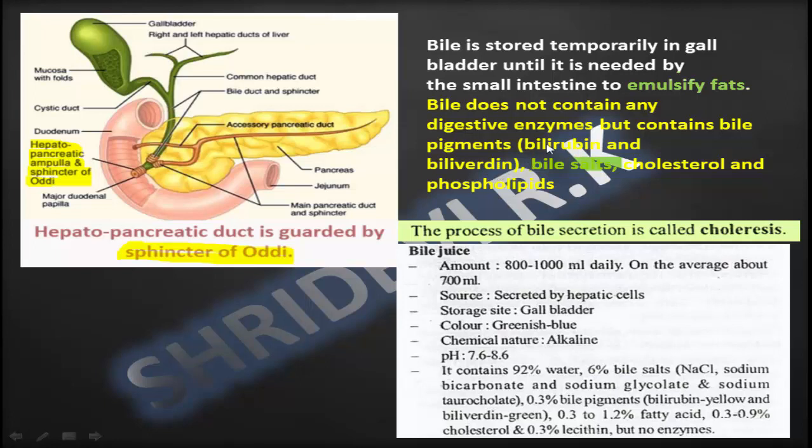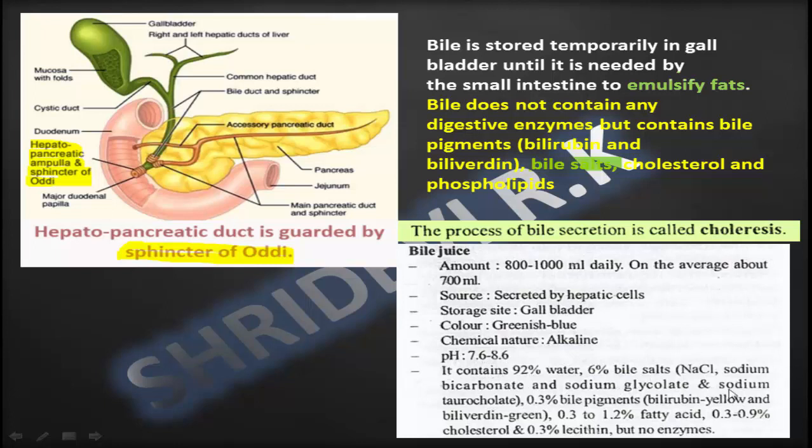These are the pigments responsible for the color of bile juice, because pigments are colored substances, and whatever pigment is present, according to that the color is exhibited. Then chemical nature, it is alkaline in nature. That is a basic property, with pH 7.6 to 8.6.